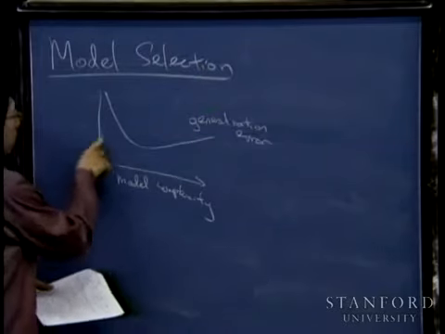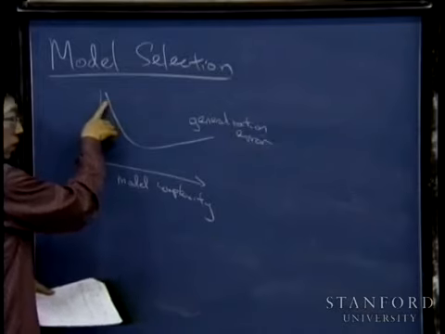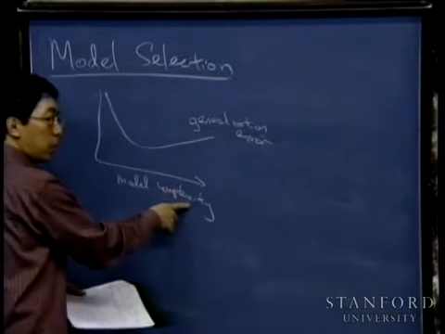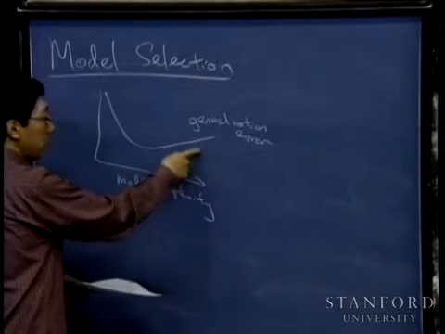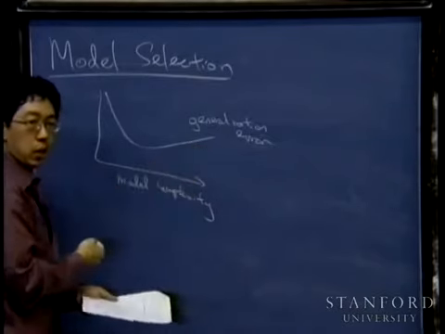If you have too simple a model, you have high generalization error, that was underfitting. And if you have too complex a model, like fitting a 4th degree polynomial to 5 data points, you also have high generalization error and you're overfitting.